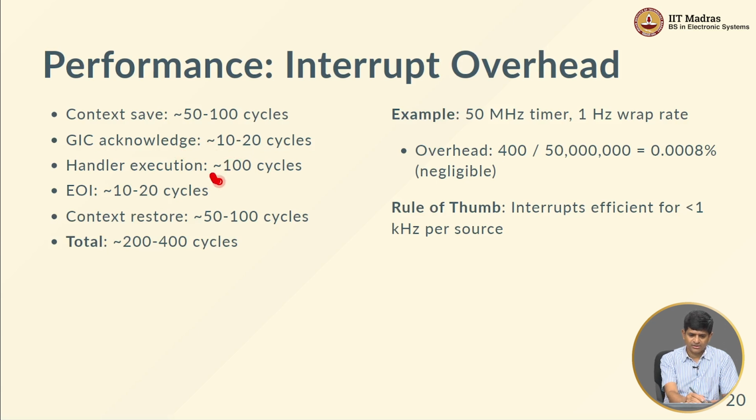Executing the handler in our case was relatively small. What we did was just an atomic increment of an IRQ count, but we also had a message being printed out which read the IRQ count and created a string. Anything which involves printing is usually, as we will see later, not a good idea inside an interrupt handler.